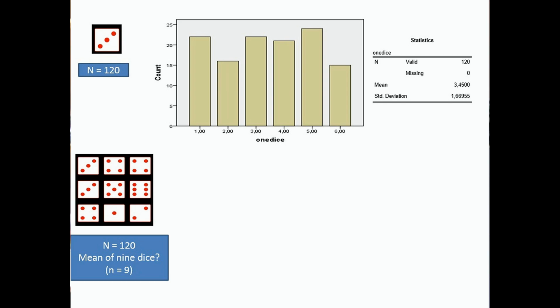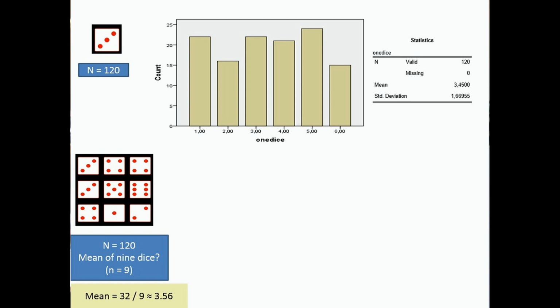Now I will throw 9 dice at the same time, and I calculate the mean of the number of dots of the 9 dice. What do we expect to see from the sample means if I repeat this 120 times? For this first example, the mean was 3.56.